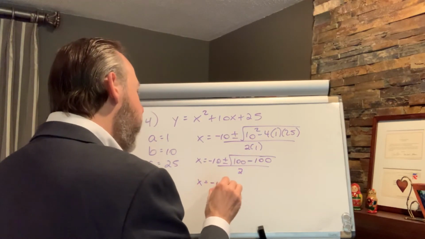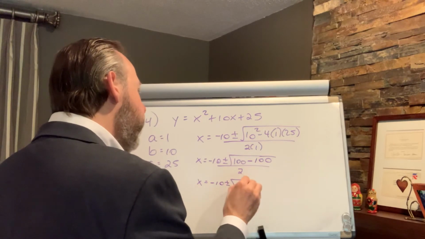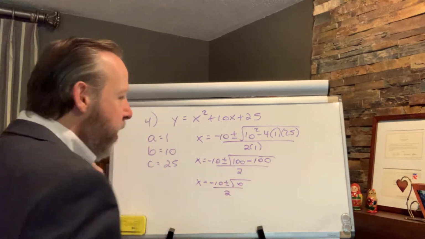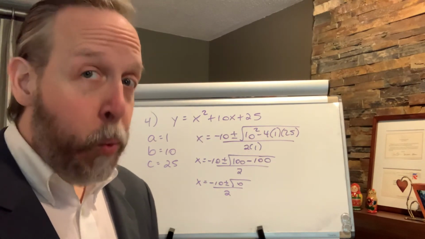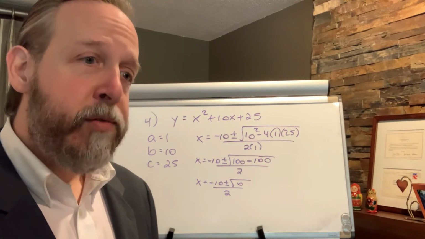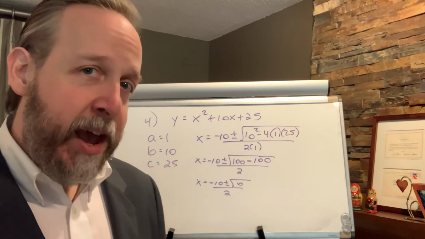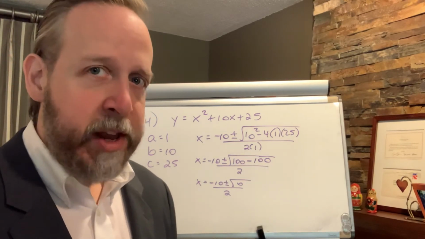I hope by now we can understand what's going to happen. The square root of 0 over 2. The discriminant is the number 0, which we already said means there will only be one solution because the square root of 0 is 0, and when you add or subtract 0, it doesn't change the value.